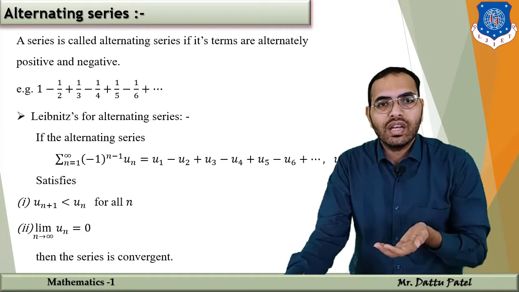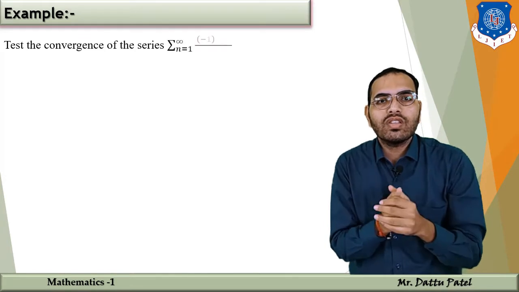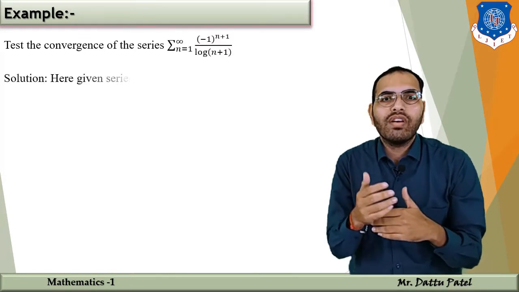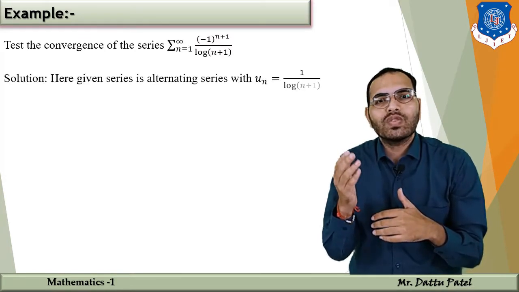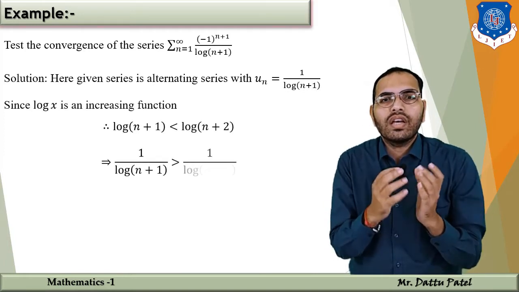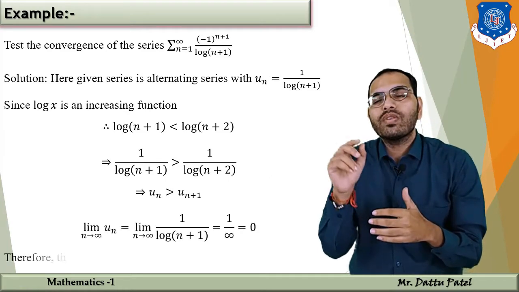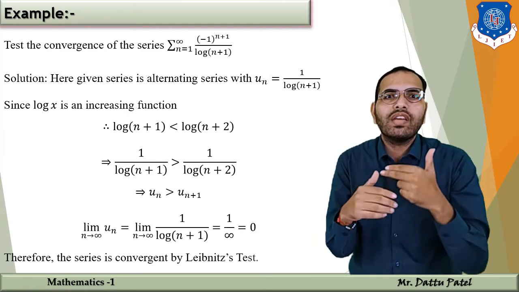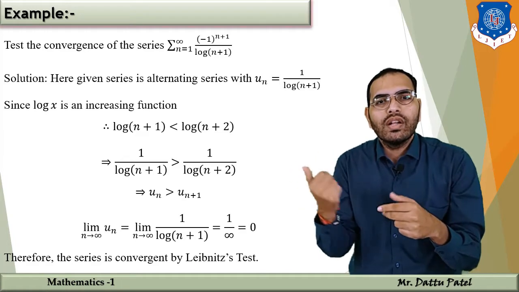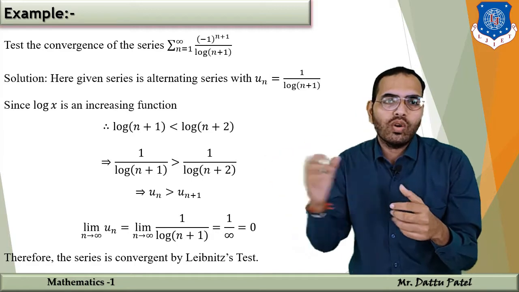Now let's see an example based on the Leibnitz test. Test the convergence of the series summation n equal to 1 to infinity of minus 1 raised to n plus 1 upon log n plus 1. Is the given series alternating or not? We have minus 1 raised to n plus 1, and substituting n equal to 1, 2, 3, 4 and so on, we get positive, negative, and so on.